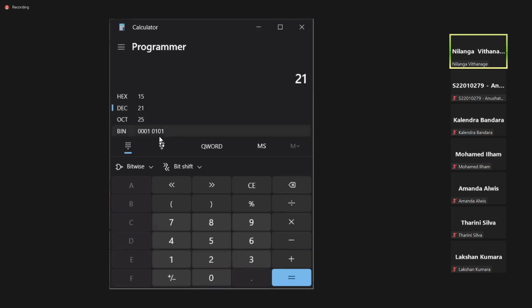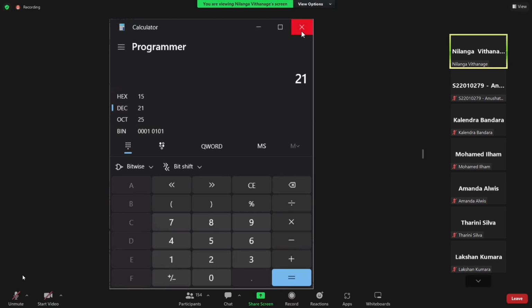So you can check your answers using this calculator. Even in the final exam, if you have a scientific calculator, you can check your answer. But that's why we are not giving any marks for the answer alone. You can get it from the calculator. So you have to mention all these correct steps.